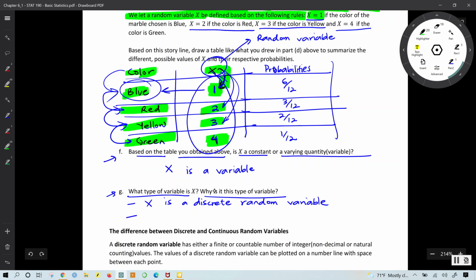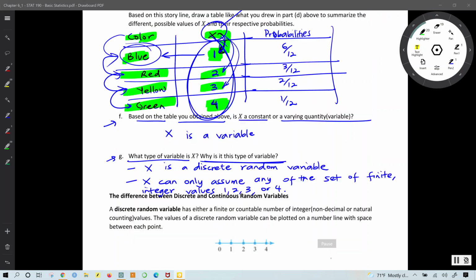And the reason is that it can only assume a finite number of possible integer values.